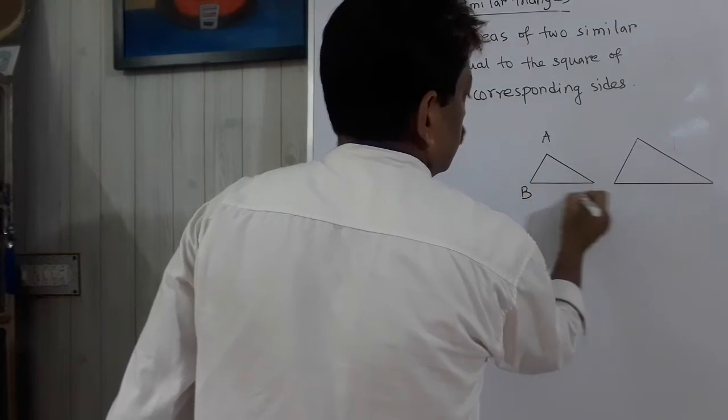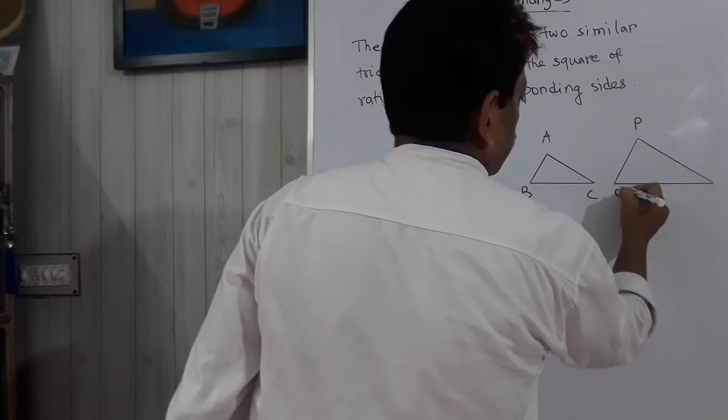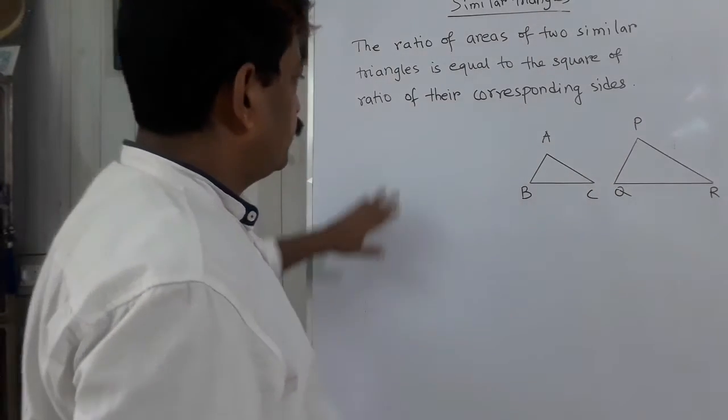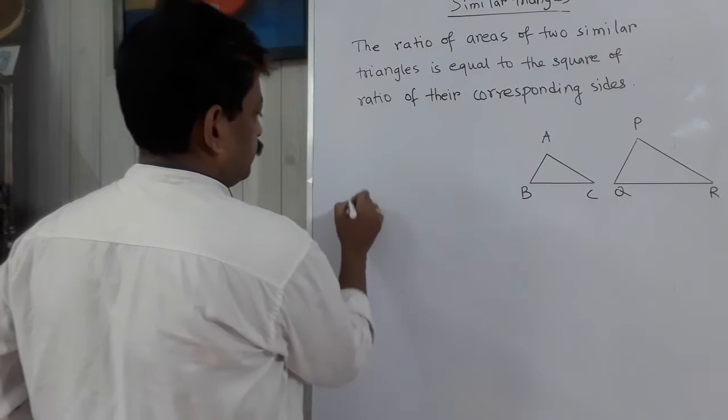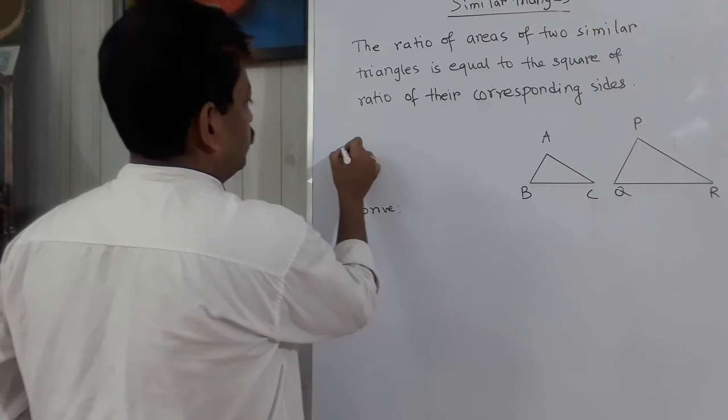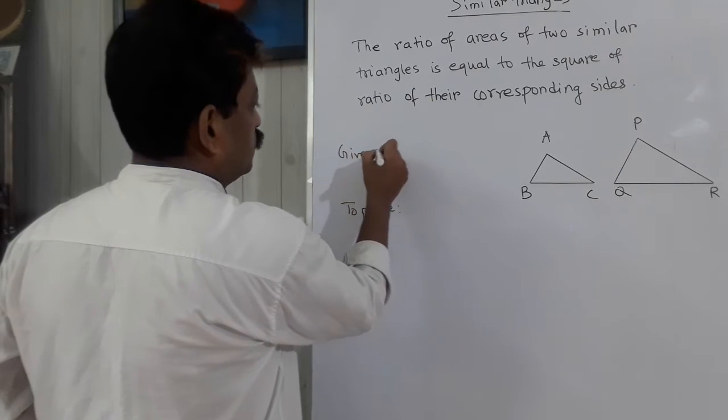ABC and PQR are two similar triangles. We have to prove that, it is given in the question that these two triangles are similar.